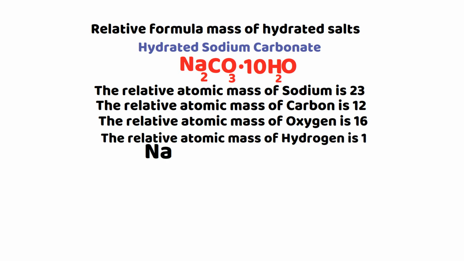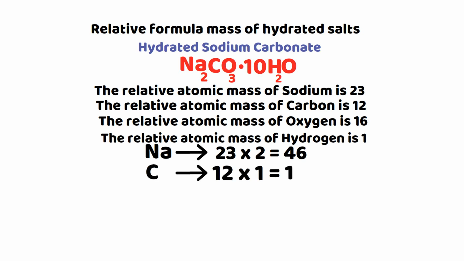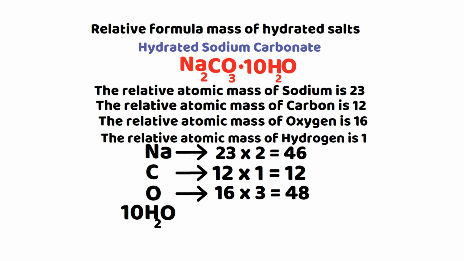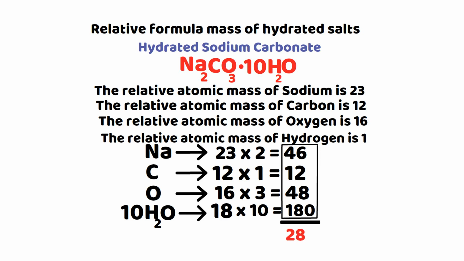Now for sodium we write 23 into 2 is equal to 46. For carbon we write 12 into 1 is equal to 12. For oxygen we write 16 into 3 is equal to 48. Now there are 10 H2O molecules. The relative molecular mass of H2O is 18. So 18 into 10 is equal to 180. Now if we add these 4 numbers we get 286.